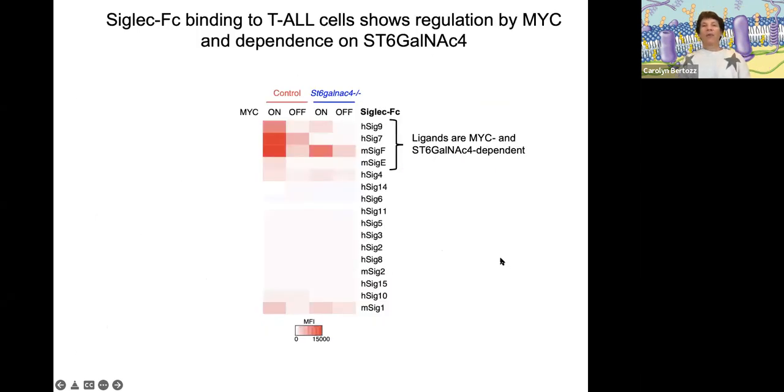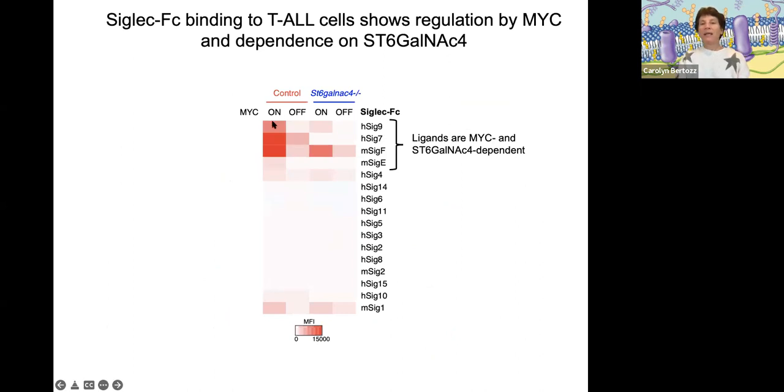Importantly, when we looked at CIGL FC binding by flow cytometry, which is now represented with a heat map, we found that the ligands for CIGL X7 and CIGL X9, the human CIGL X, as well as relatives in the mouse, CIGL F and CIGL E, that the binding of those CIGL X to their ligands is regulated by MYC.